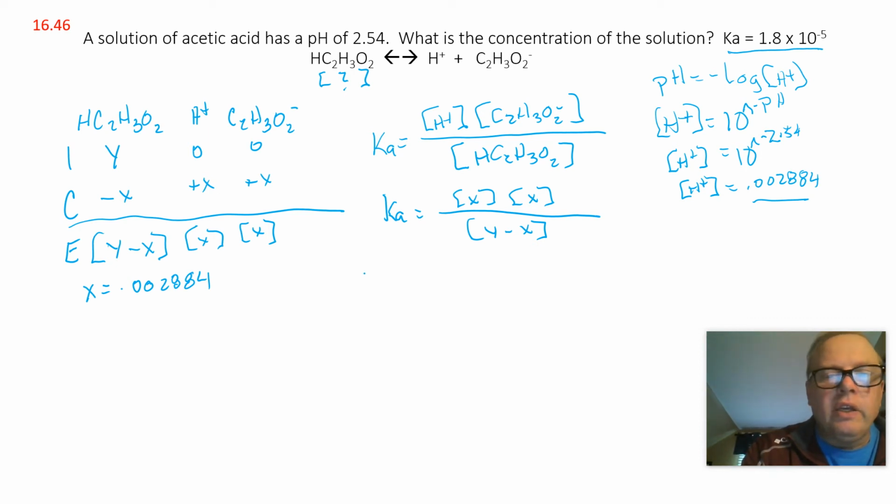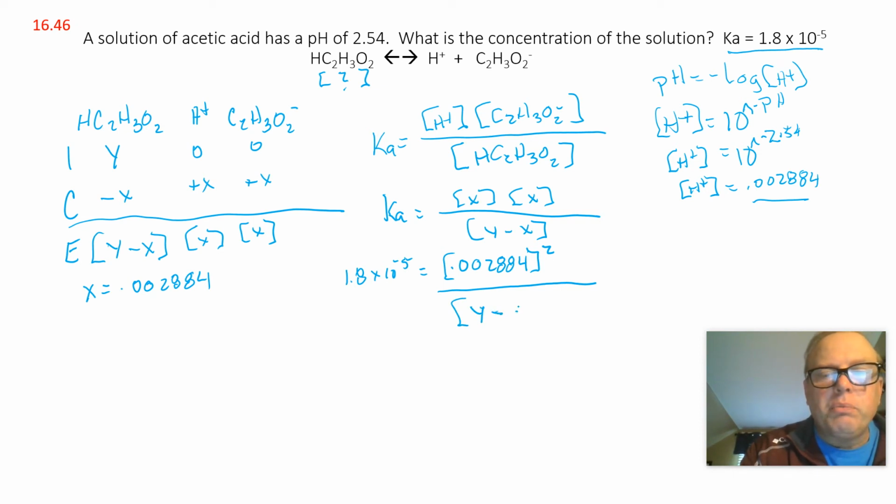Ka is 1.8 times 10 to the negative 5 is equal to 0.0028884 squared, concentration of the two ions, over Y, the unknown concentration, minus 0.0028884.